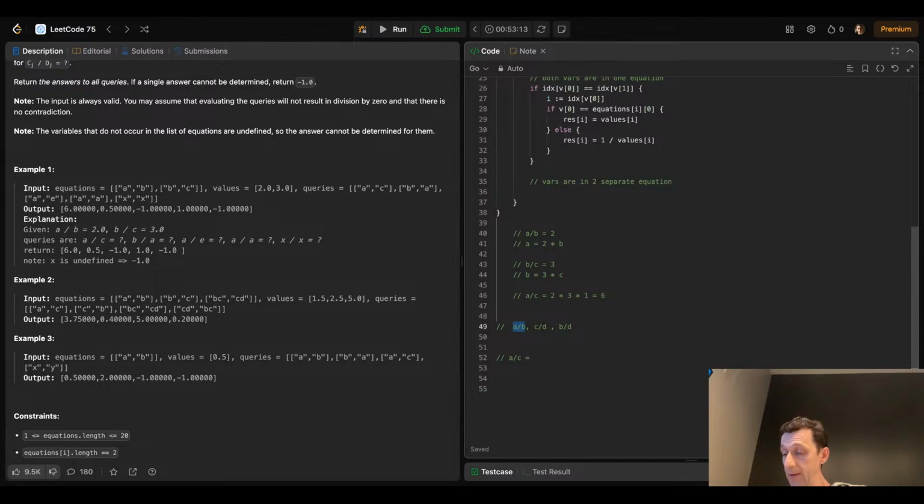Now B is connected to D, and C is connected to D. Okay. And we need to build that link. That's where it looks like a DFS.